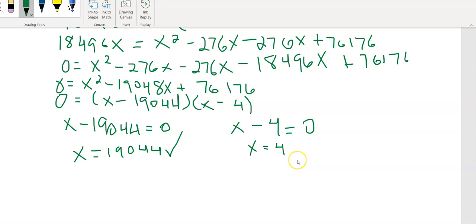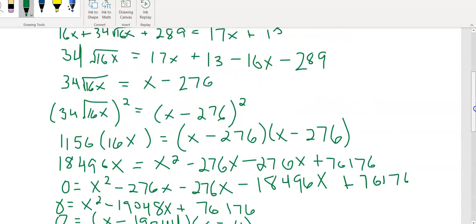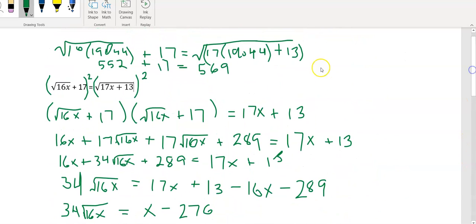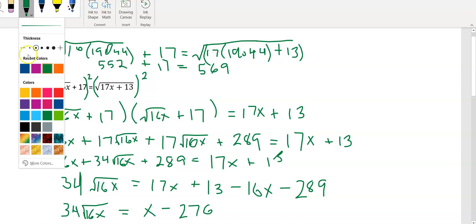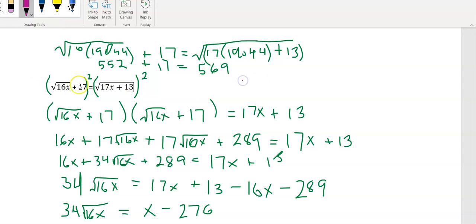Now let's check the 4, which will be an easier check. Going back up here, let me just, so that it doesn't run into other stuff, I'll change the color. So let's stick 4 in there. Square root of 16 times 4 plus 17 equals the square root of 17 times 4 plus 13.